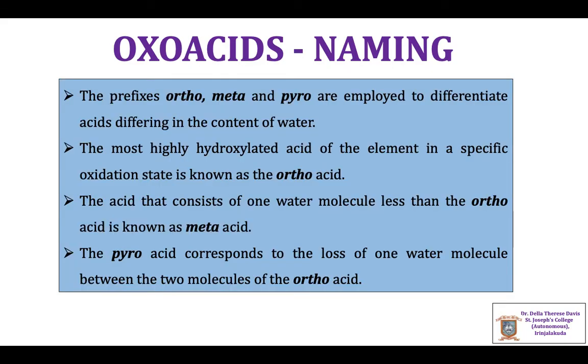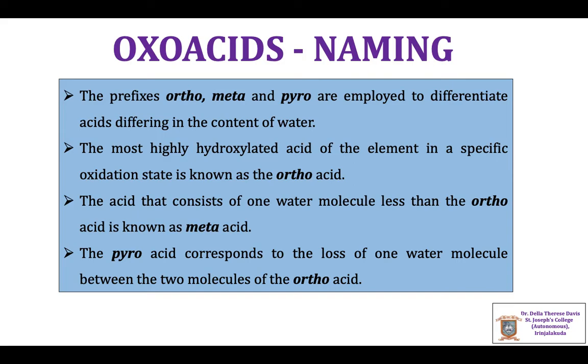The prefixes ortho, meta and pyro are used to differentiate acids which differ in their content of water. The most highly hydroxylated acid of a particular element in a specific oxidation state is known as ortho acid.